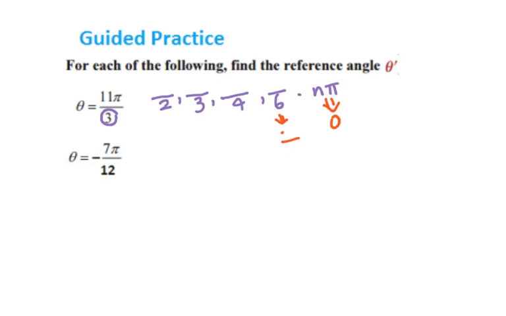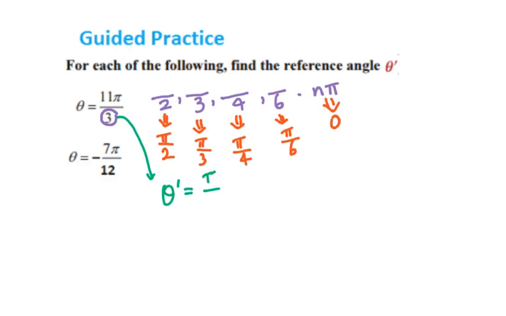This will be pi over 6. This will be pi over 4. This will be pi over 3. This will be pi over 2. Therefore, for the first one, the reference angle will be pi over 3. That's all.